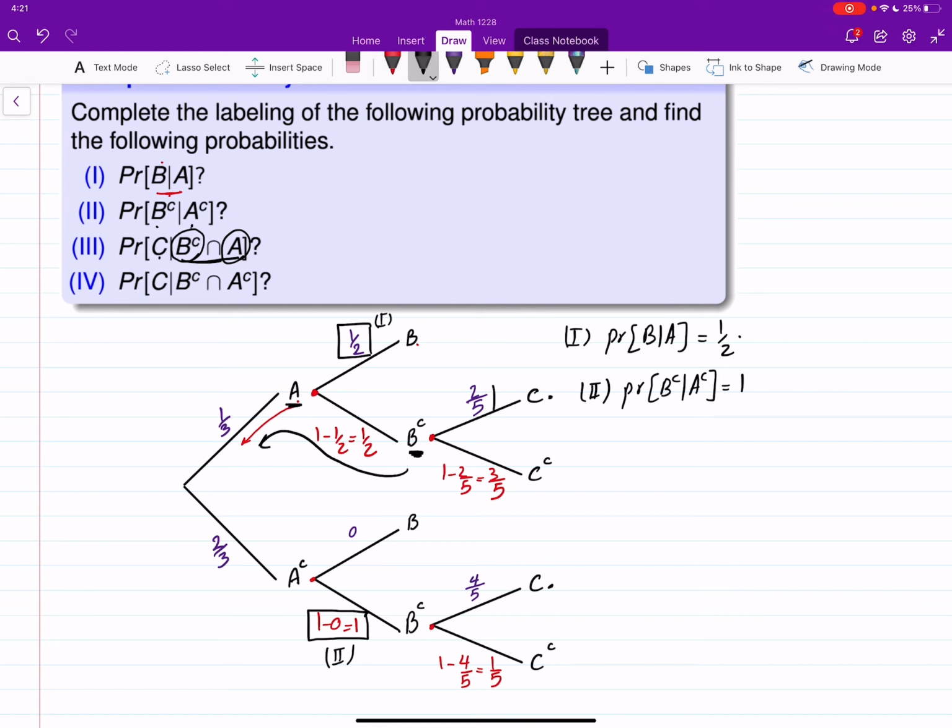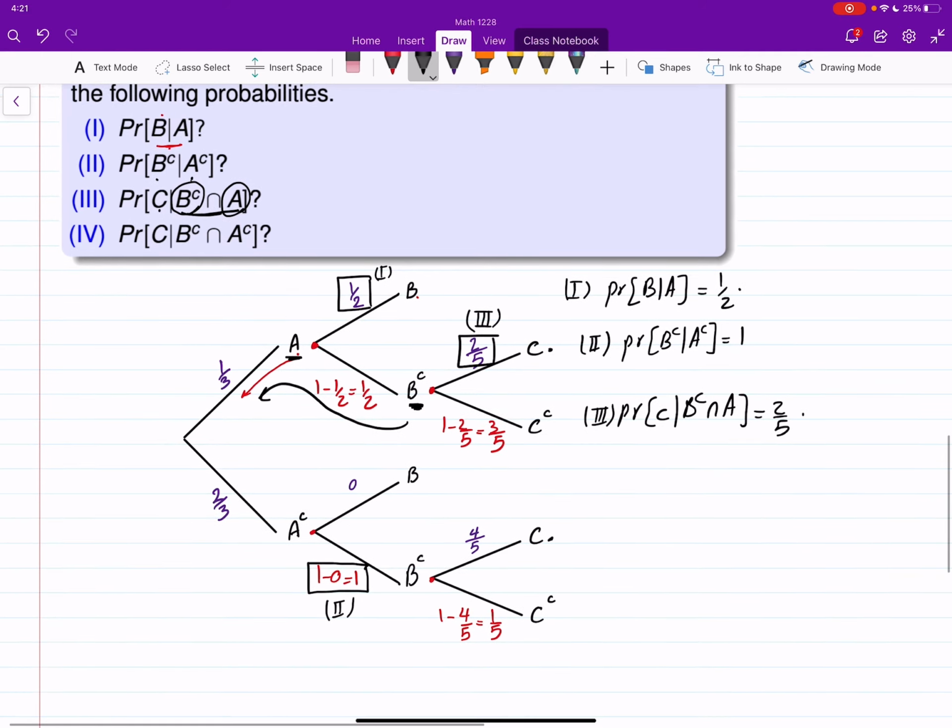So the number we are looking for is this edge. So the probability of C knowing B complement intersect A is equal to 2/5. And that was number 3. For 4, the endpoint is C, but this time B complement and A complement are exactly the events along the path from the starting point to the root.